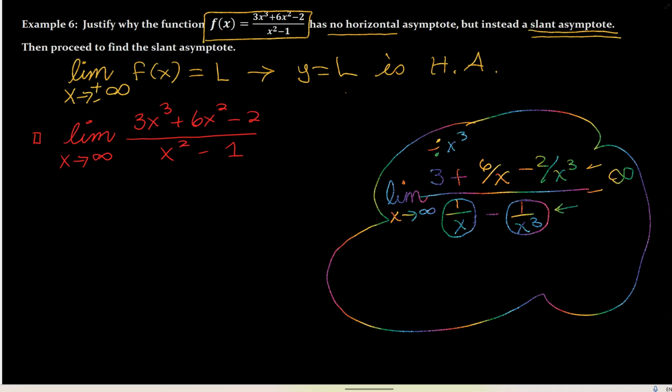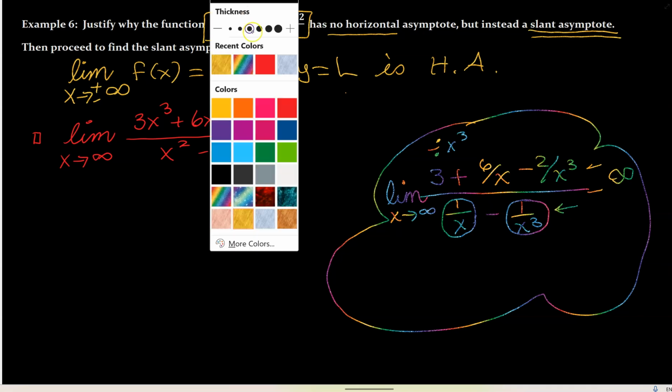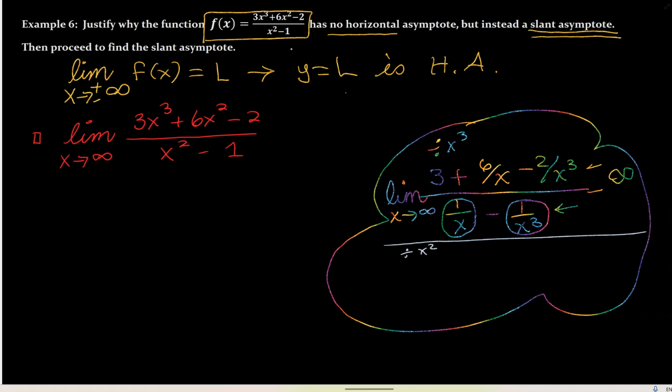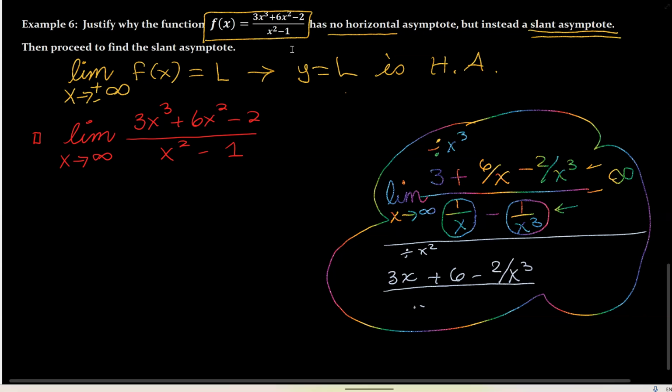So another idea is to go ahead and divide everything by x squared. If we do that, we would get 3x plus 6 minus 2 over x to the third, all divided by, there's no x anymore, we're dividing by x to the second power, so we'll have 1 minus 1 over x squared.